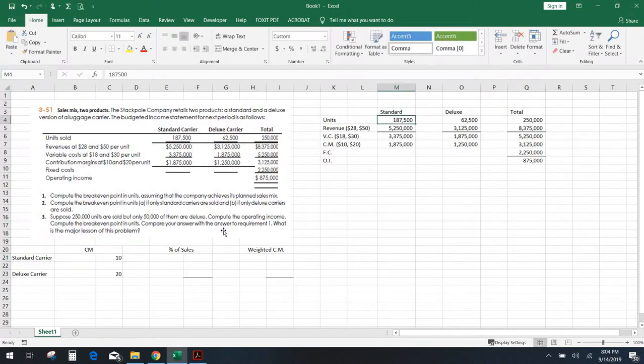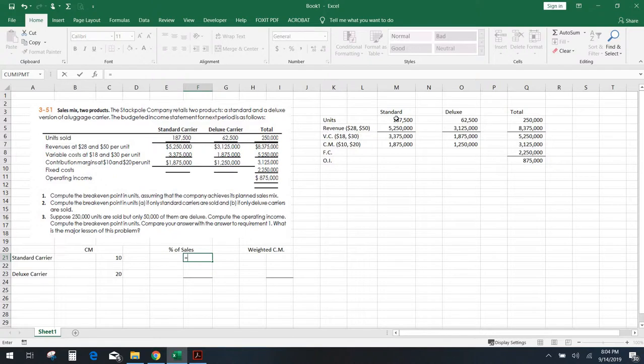So this equals this: 187,500 out of a possible 250,000, so that's 75%. And then the deluxe units are equal to 62,500 out of a possible 250,000. So that's 25% of sales.